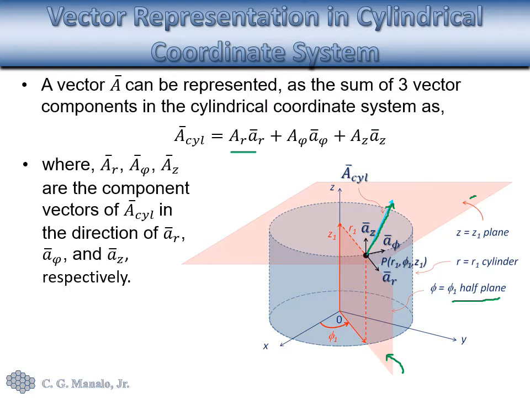Those components are A sub r, small letter a sub r, plus A sub phi, small letter a sub phi, plus A sub z, small letter a sub z, where the capital letters A sub r, A sub phi, and A sub z are called the component vectors of the original vector A sub cyl in the direction of the unit vectors a sub r, a sub phi, and a sub z.